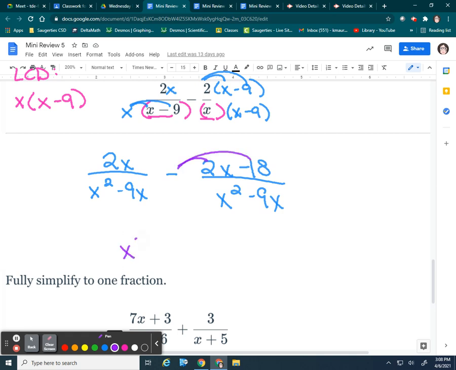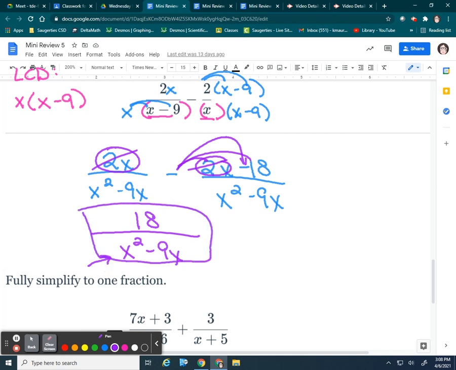We have x squared minus 9x on the bottom. 2x minus 2x, those cancel out. And then distribute your negative over here, so you end up with an 18. Now we could factor this denominator, but we would just pull out an x. That wouldn't help us simplify it at all. So that, I believe, is your final answer for that one.